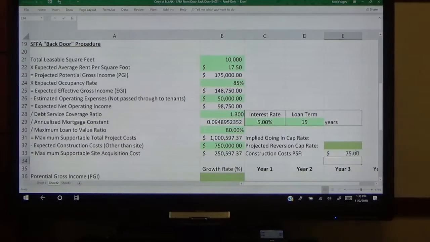So in very simple terms, if you've got similar sorts of projects, you can just say, all right, in order for this thing to work, I need my construction cost to be somewhat less than 4.3 times my rent.